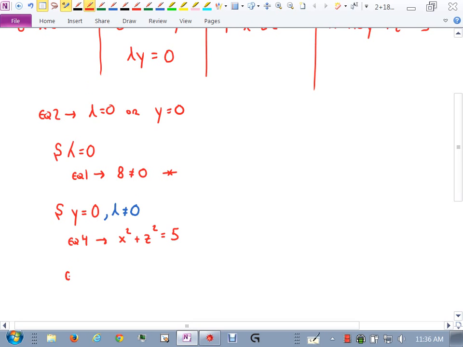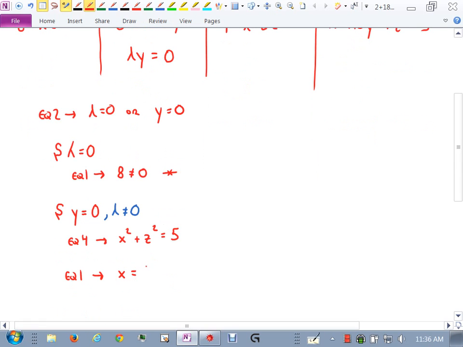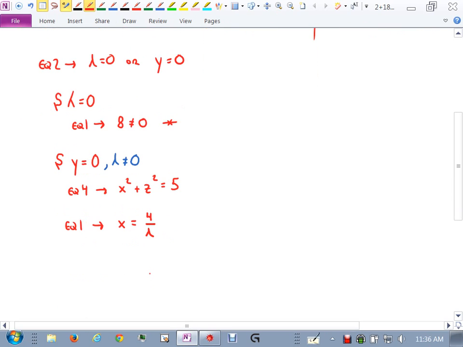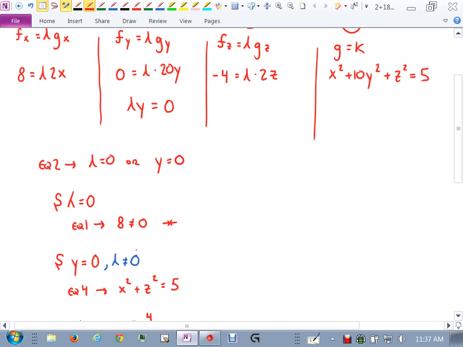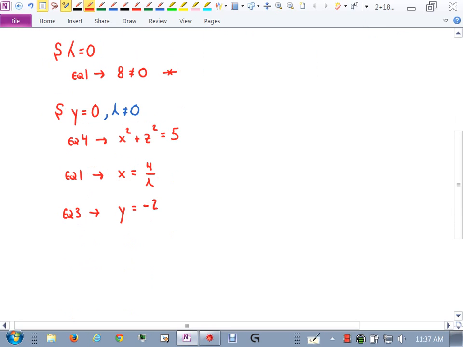Equation 1 tells me that x is equal to what? 8 over 2 lambda, which is 4 over lambda. And equation 3 tells me that z is negative 2 over lambda. Yeah, I need to change that to a z.